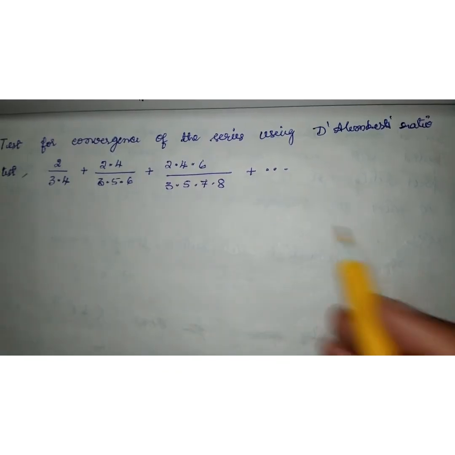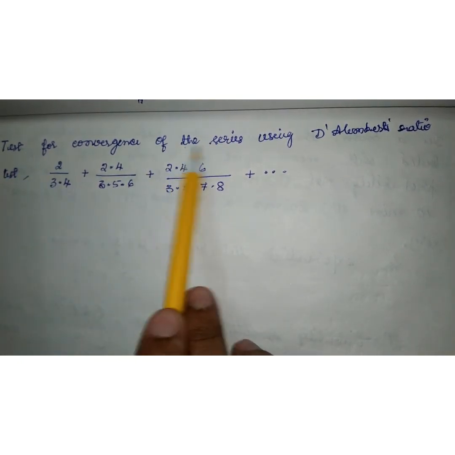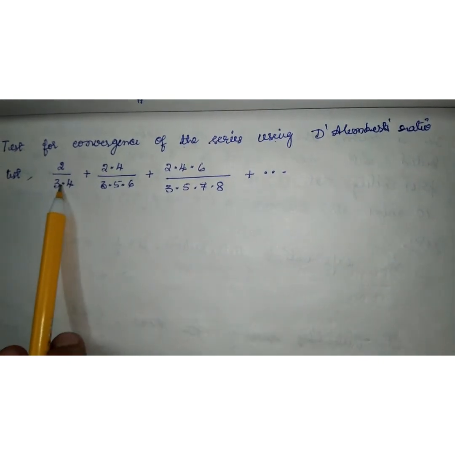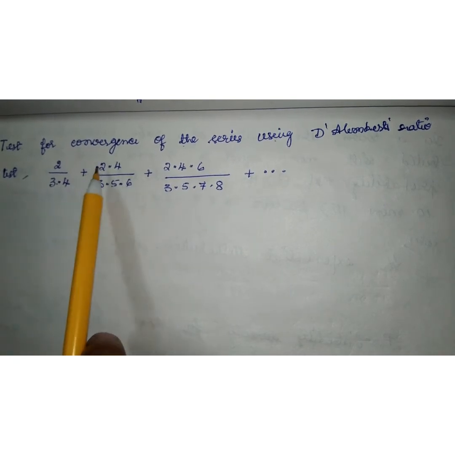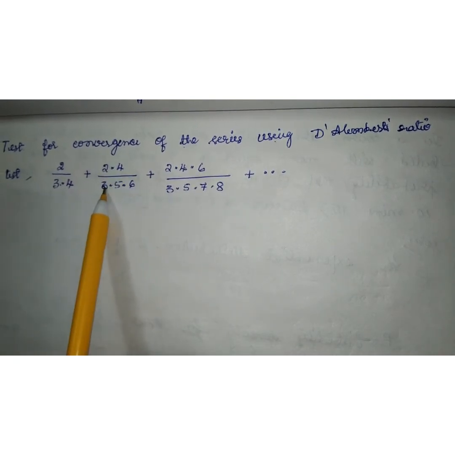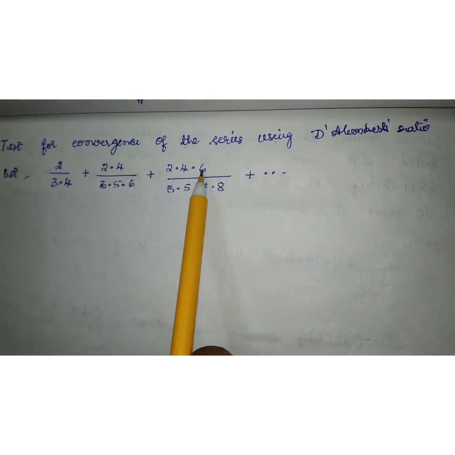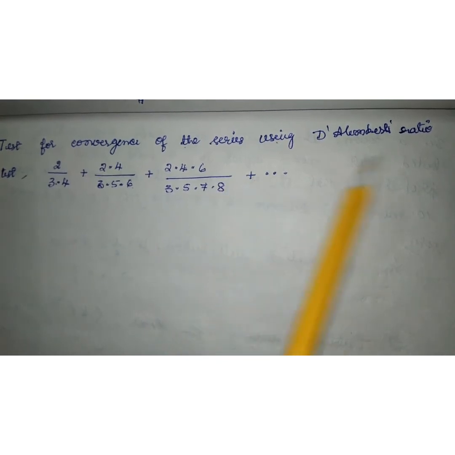We have a next problem here. Test for convergence of the series using D'Alembert's ratio test. Let us observe the terms given here: 2/(3 into 4) plus (2 into 4)/(3 into 5 into 6) plus (2 into 4 into 6)/(3 into 5 into 7 into 8), etcetera.